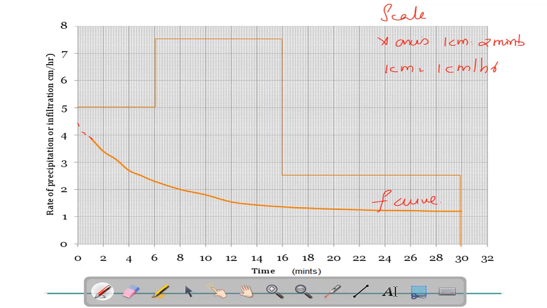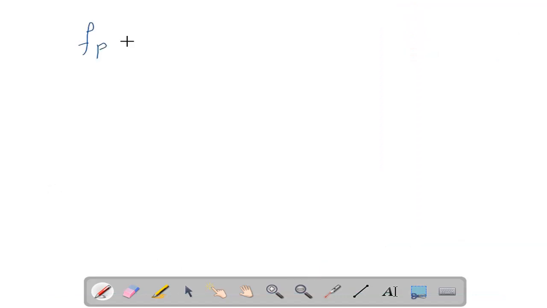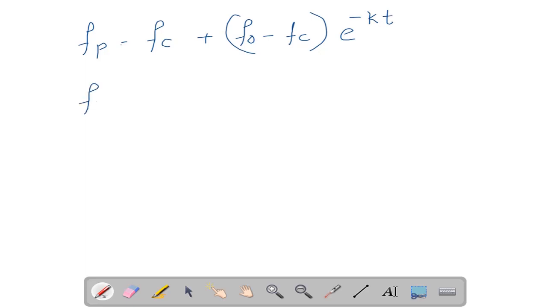Okay. Then if you consider the equation, Fp is equal to Fc plus (F0 minus Fc) e raised to minus kt. So what is Fc? It is the final infiltration rate or infiltration capacity.